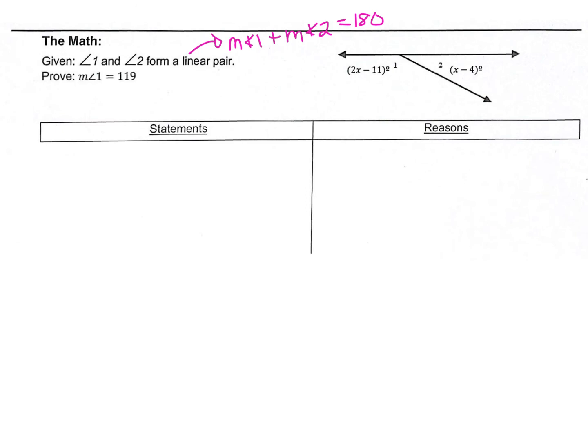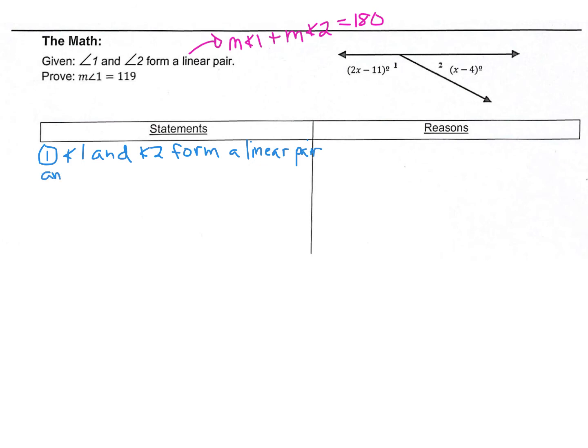Okay, so our very first statement is going to be angle 1 and angle 2 form a linear pair.